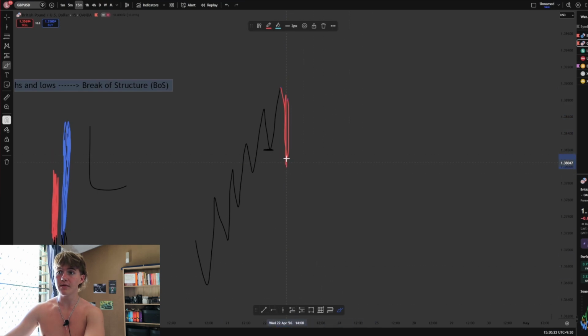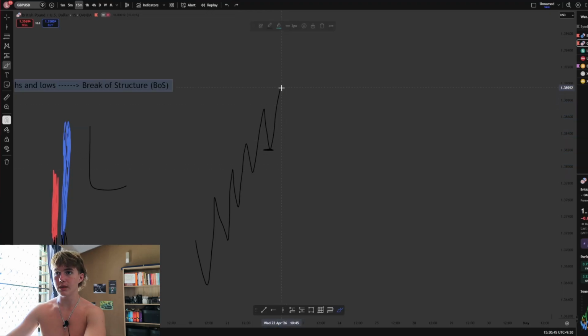And you have to be careful of this, because the wick doesn't really matter. What people might get mixed up is they might see price going like this.